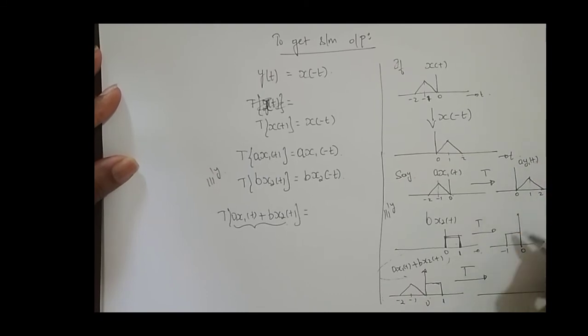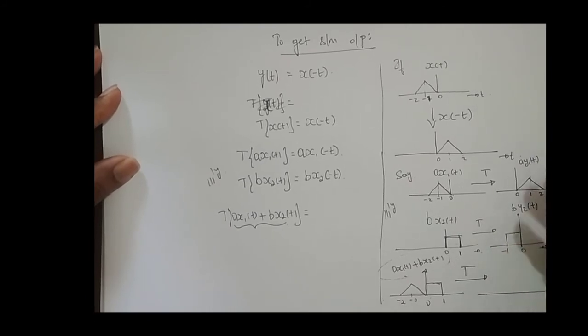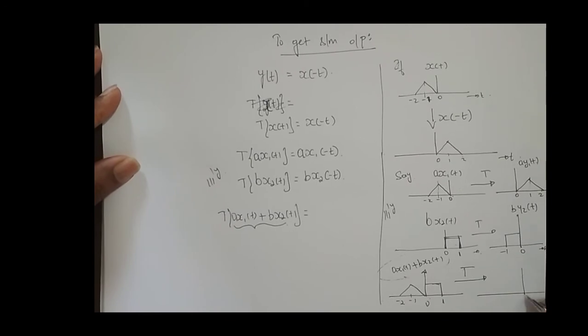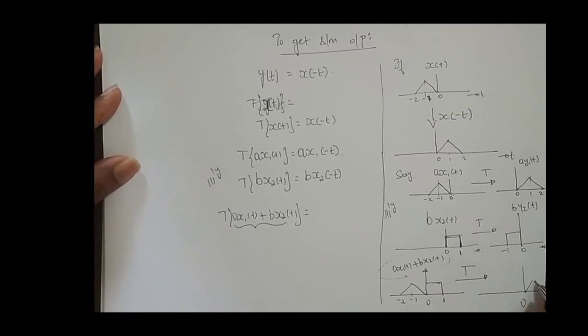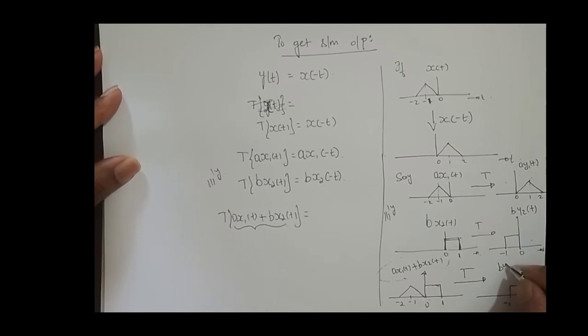It is nothing but a times y1 of t plus b times y2 of t, and this added signal has to be time reversed. So we'll add it. So 0, this is minus 1, this is 1, 2. What is this? A times y1 of t plus b times y2 of t.